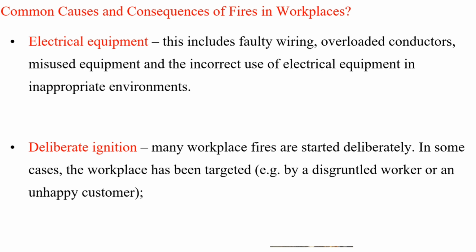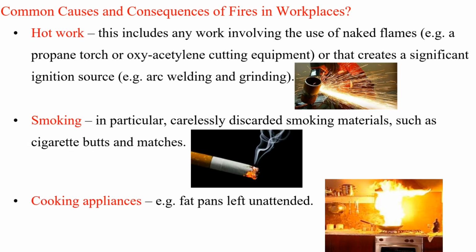In some cases, the workplace has been targeted, for example by a disgruntled worker or an unhappy customer. Hot work. This includes any work involving the use of naked flames, for example a propane torch or acetylene cutting equipment, or that creates a significant ignition source, for example arc welding and grinding.